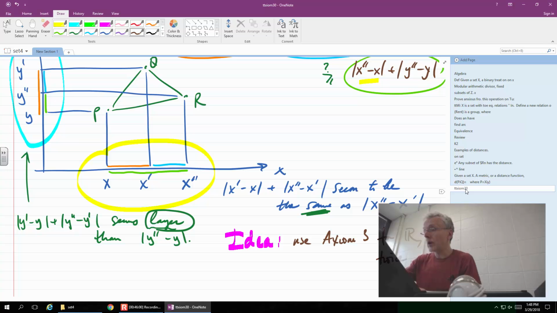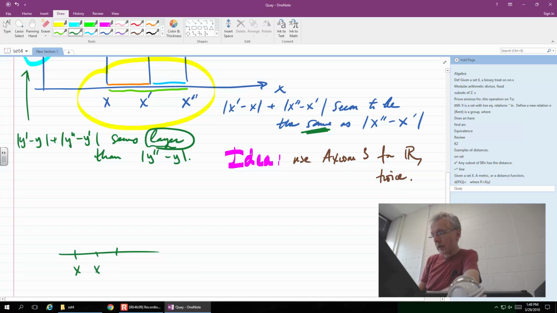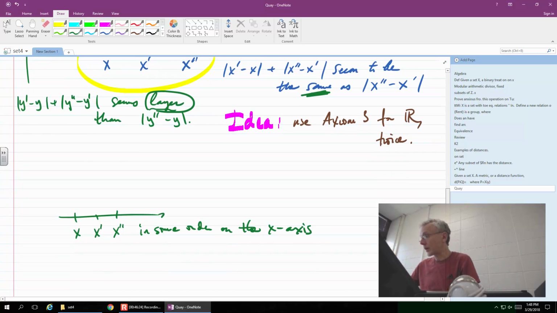Okay, so let's forget the picture, and let's just say this: x, x prime, x double prime in some order, on the x-axis. We don't know what that order is, but no matter what that order is, what do we know?